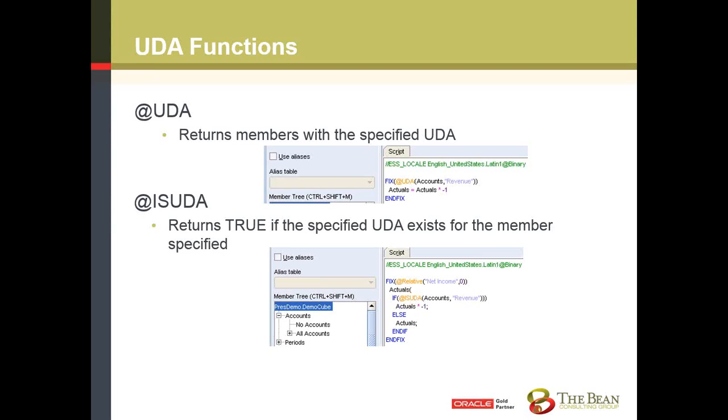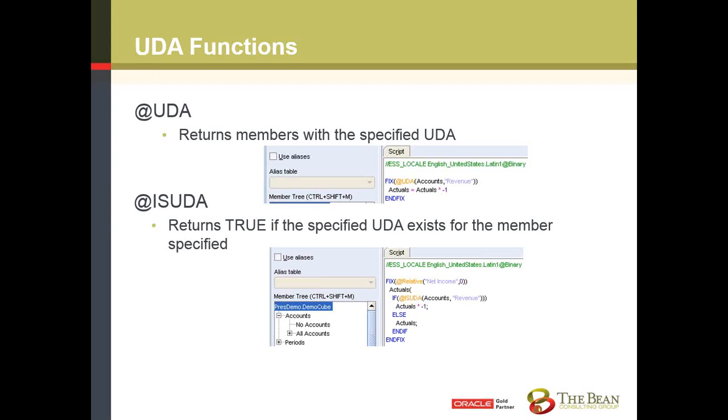In the first example, we use the fix statement and fix on all those accounts that have a UDA of revenue. We then multiply our actuals times -1 to do a sign flip on our actual data for any account that is tagged as revenue.